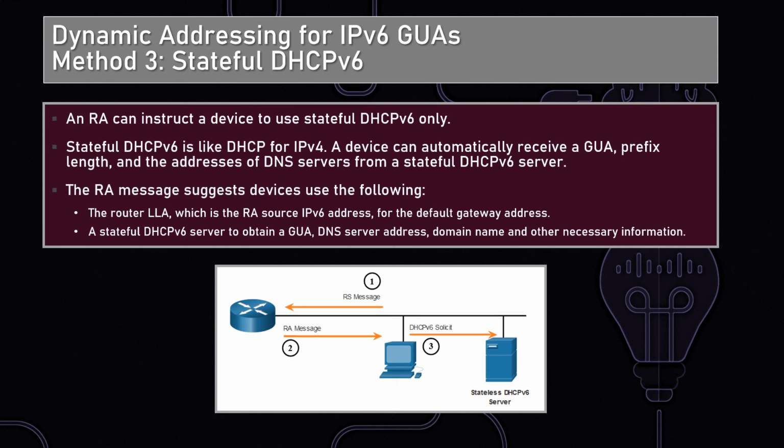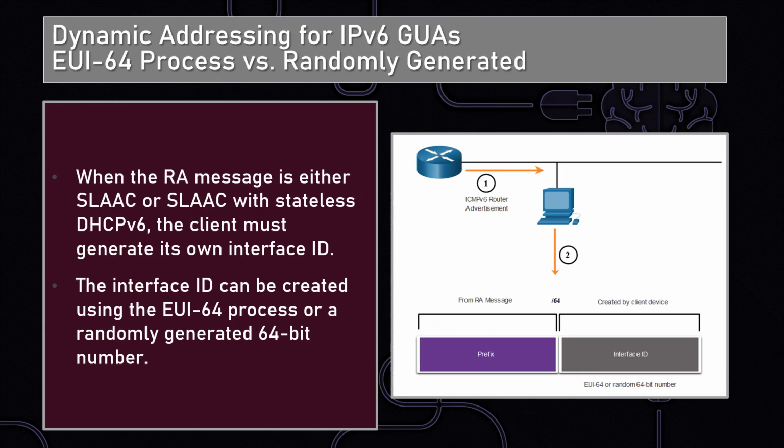And then the stateful DHCPv6 server will provide the GUA, DNS server address, domain name, and any other necessary information. So the solicitation and advertisement message is going to cycle pretty much the same way. It's just which device you're going to get information from. But it is going to be a game of Marco Polo with a couple of different players.